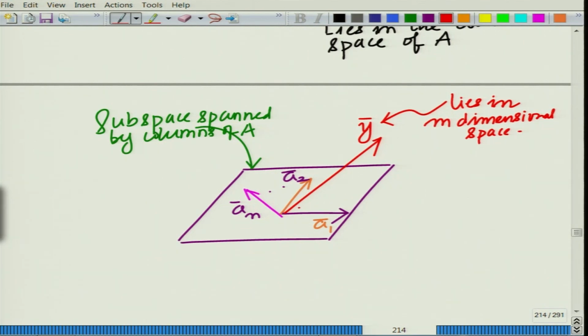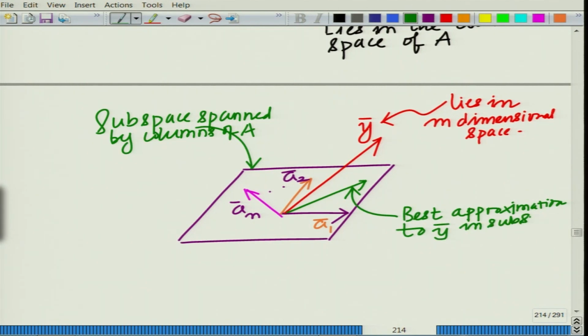Now, we are trying to find the best approximation to this y bar, which lies in the subspace spanned by the columns.